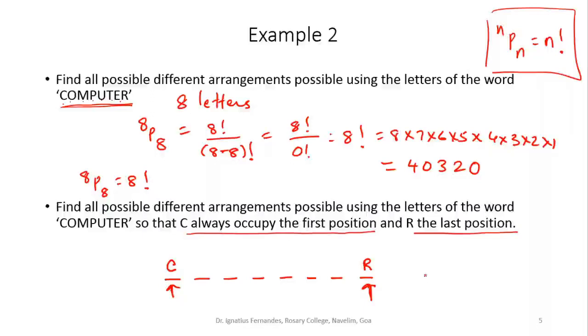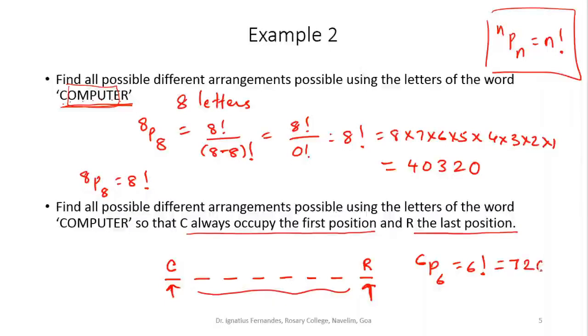So I have to only arrange the remaining 6 letters in the remaining 6 positions. How many ways can I arrange these 6 letters? It is 6P6, which is 6 factorial. 6 factorial will be 6 into 5 into 4 into 3 into 2 into 1.